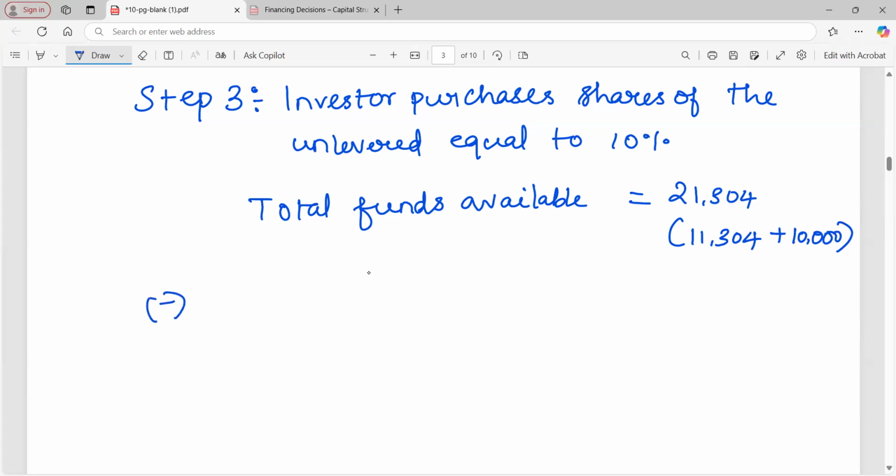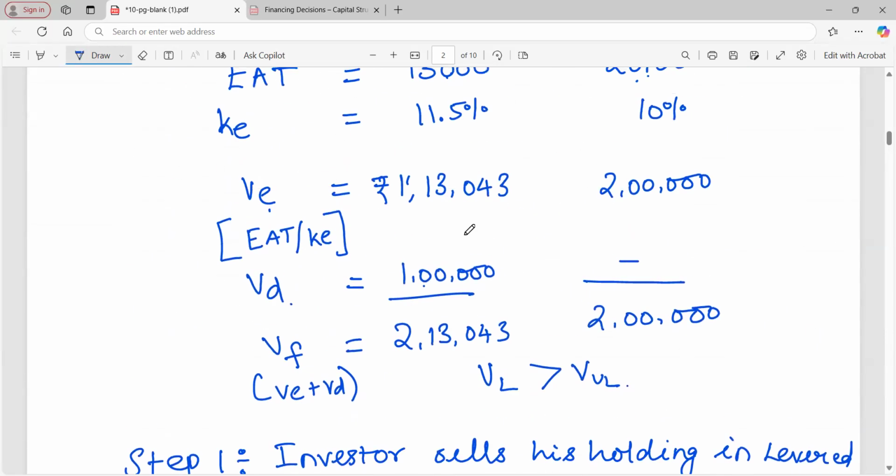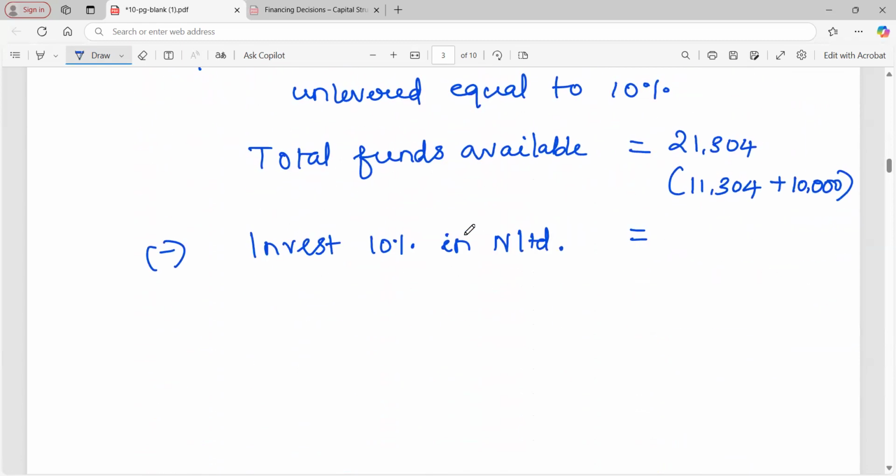Out of which he is going to invest 10% in levered form. Sorry, unlevered form. Invest 10% in unlevered form, which is N Limited. Right? Now, what is the total value of equity in the unlevered form? It is 2 lakh, right? Out of which the investor is going to invest only 10%. So it is 10% of 2 lakh rupees.